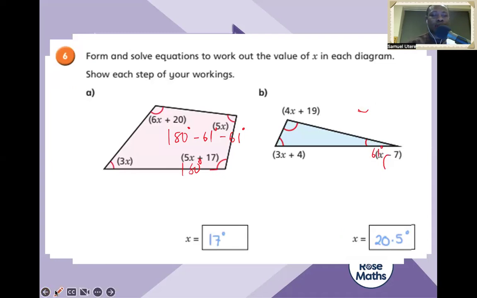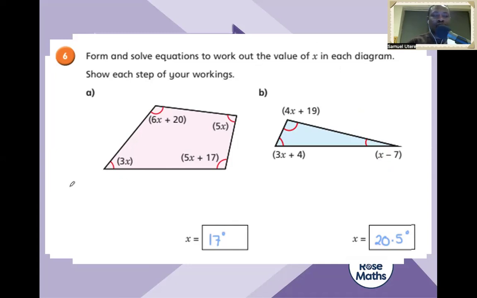All right, let's look at question 6a. For 6a, you are asked to form and solve equations to work out the value of x in each diagram and to show each step of your working. Now we know that this is a quadrilateral and the sum of the angles in a quadrilateral is 360 degrees.